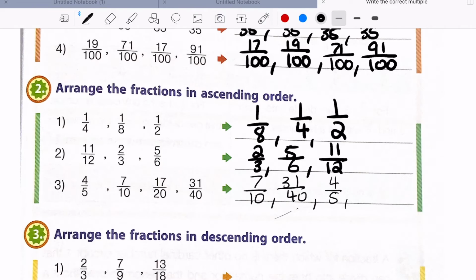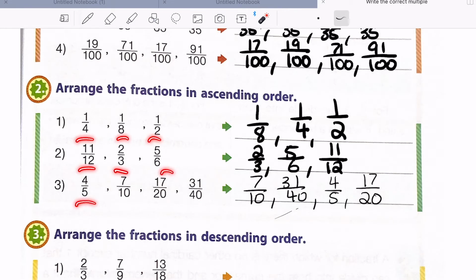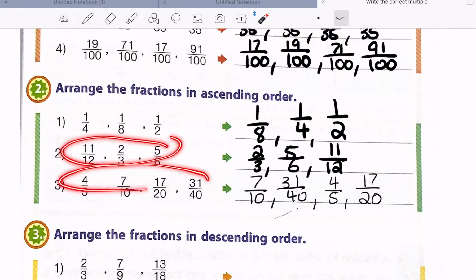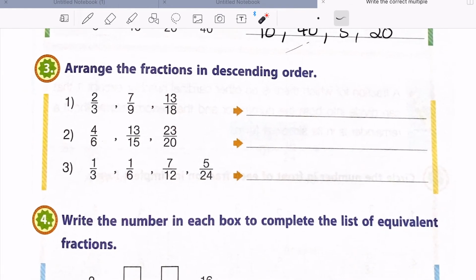And last of all, we're going to write 17 over 20. All right, so that's how we arrange fractions in ascending order. Here we have to turn it into the same denominator first. Same denominator. Then compare the numerators. First denominators, then numerators.